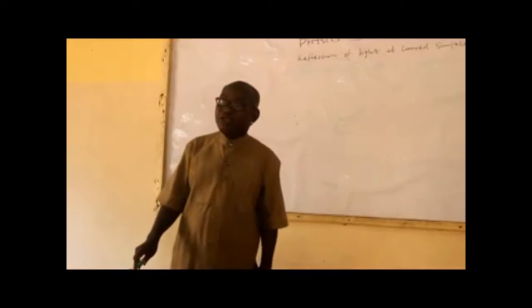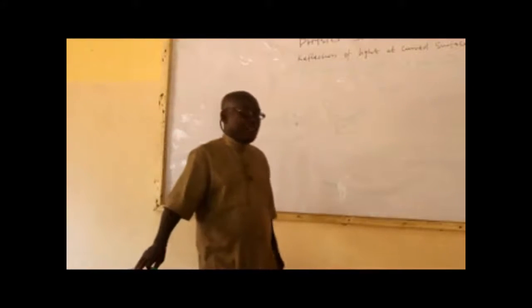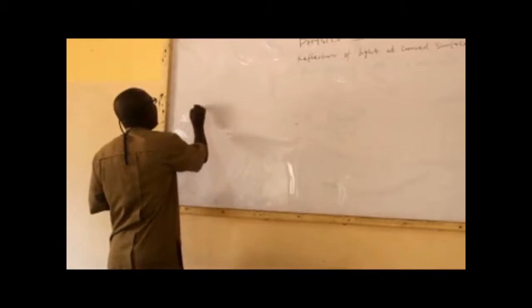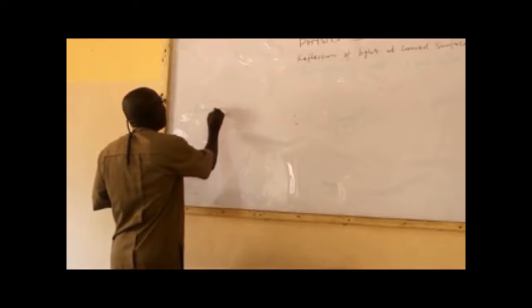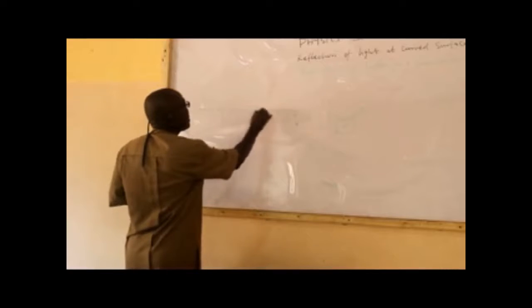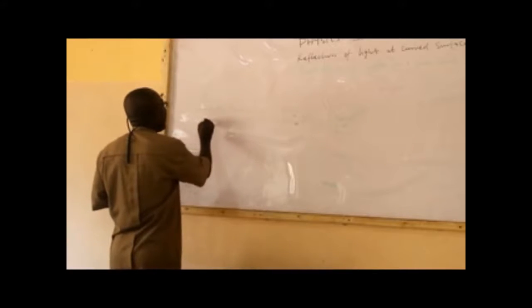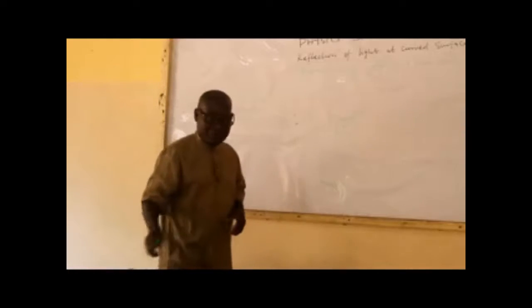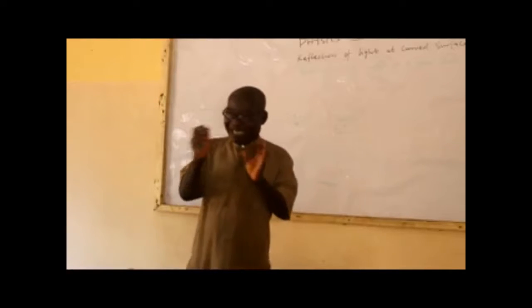We discussed laws of reflection when we were discussing reflection. Now I go to what we call the laws of refraction. Law 1 is similar to that of reflection, with just a slight difference.